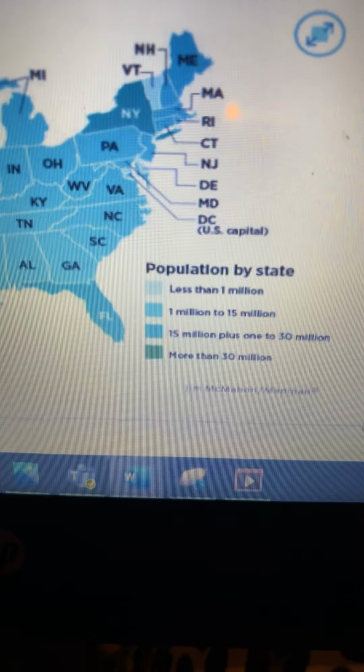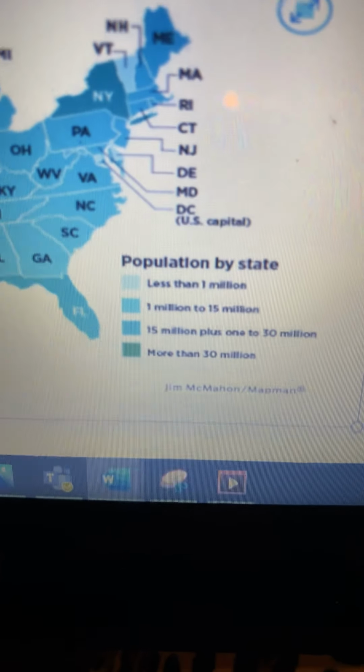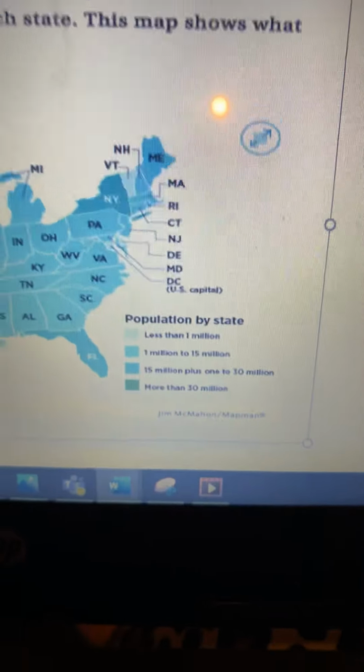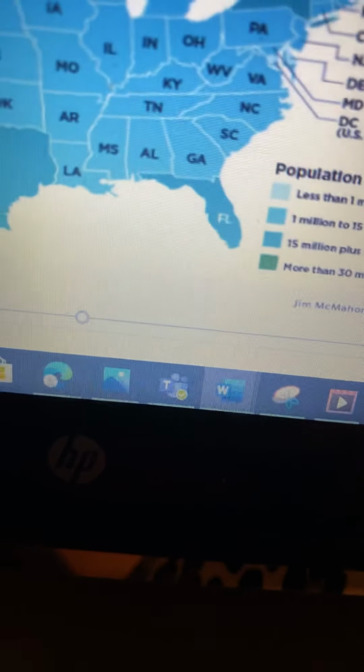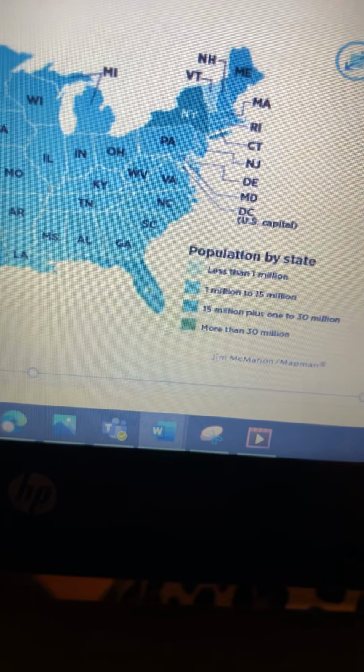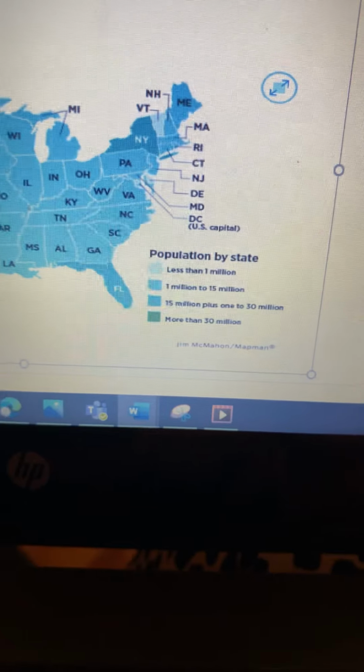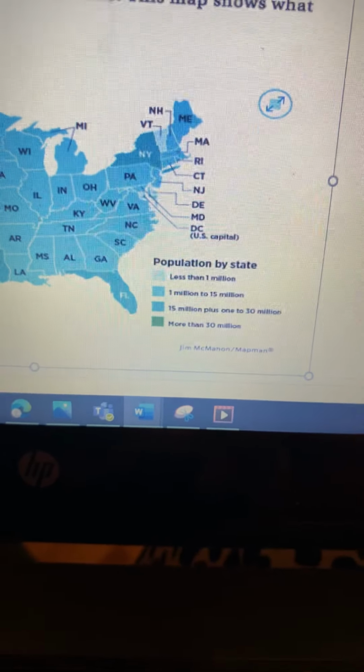So for example, let's look at New York. New York State, here, which is NY. That color means that it has between 15 million to 30 million people just in that little state right there.